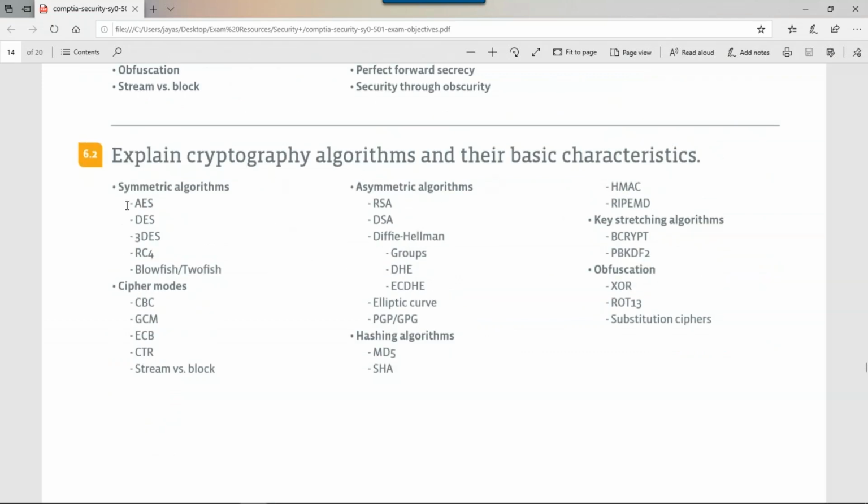So you can see here, there's a ton of acronyms. You've got AES, DES, 3DES, right? These can be kind of hard to keep up with on this exam, for sure. So just keep in mind, there's a list at the bottom that'll map out all of these for you.